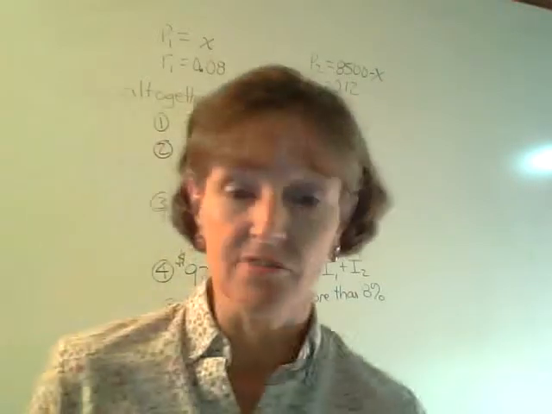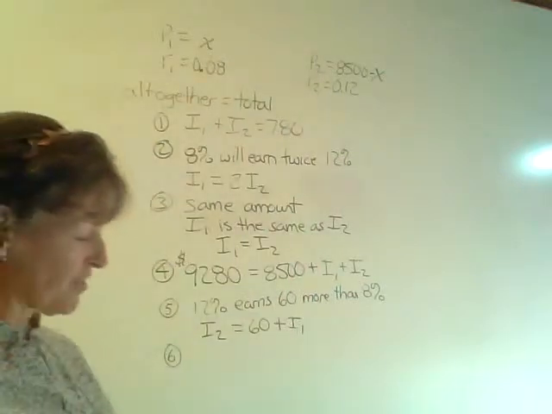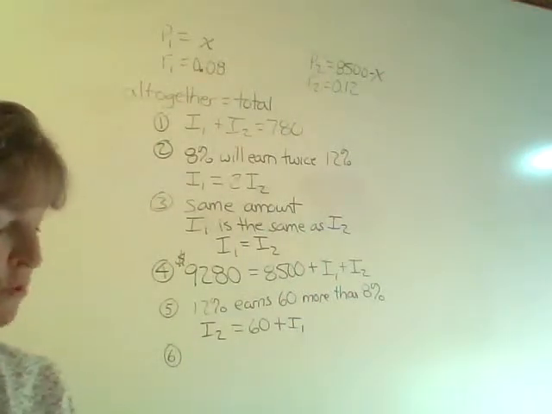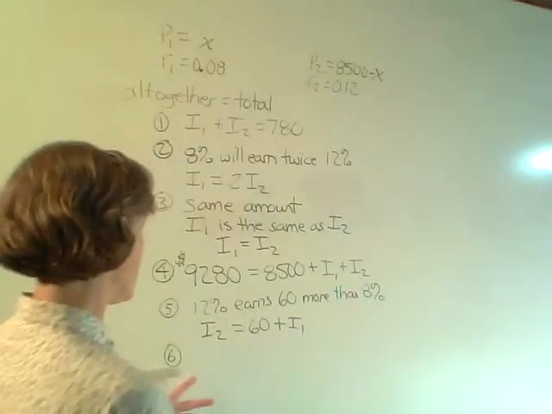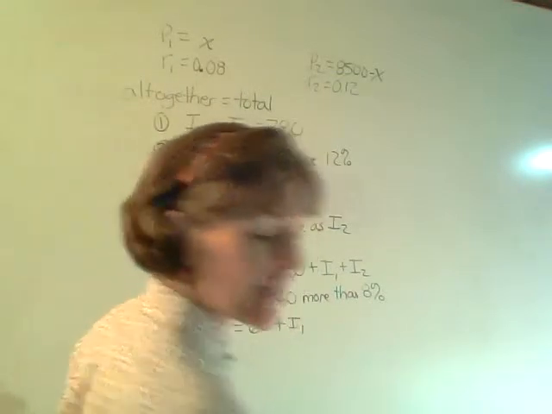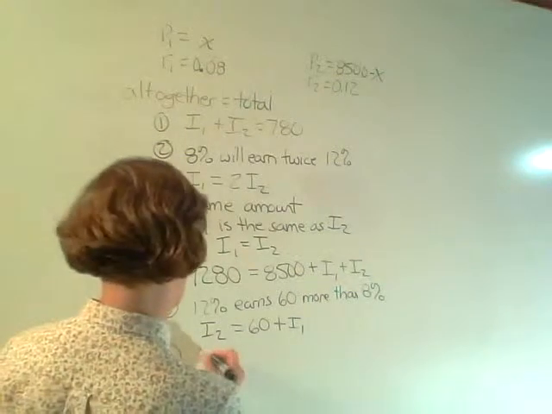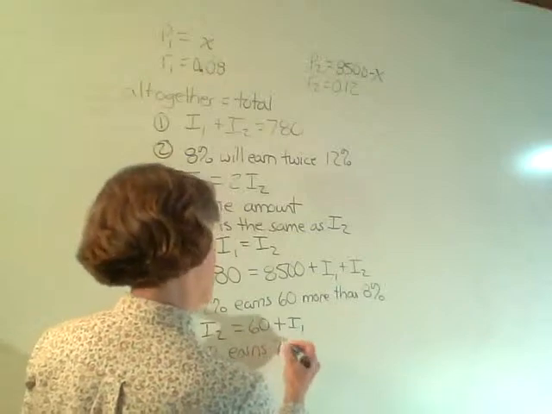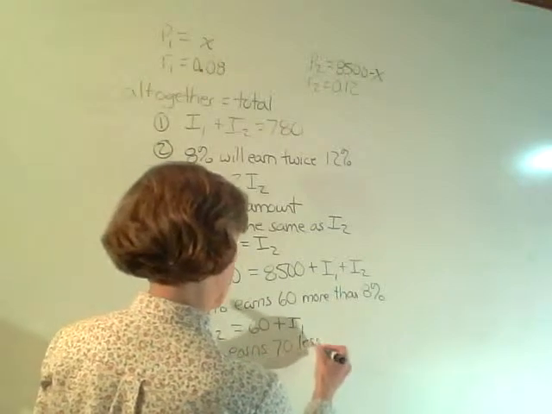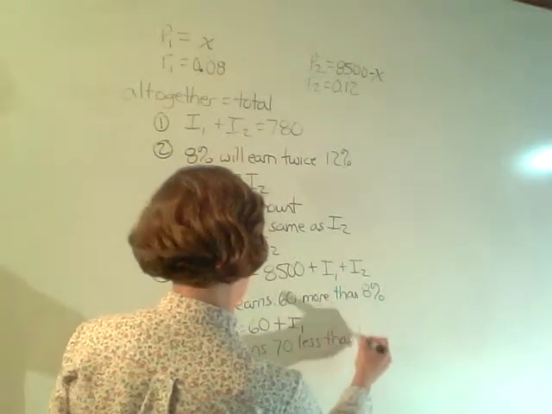Question number 6 is very similar. If the 8% account earns $70 less than the 12% account, how much was invested in each account? So this time, the 8% account earns $70 less than the 12% account.